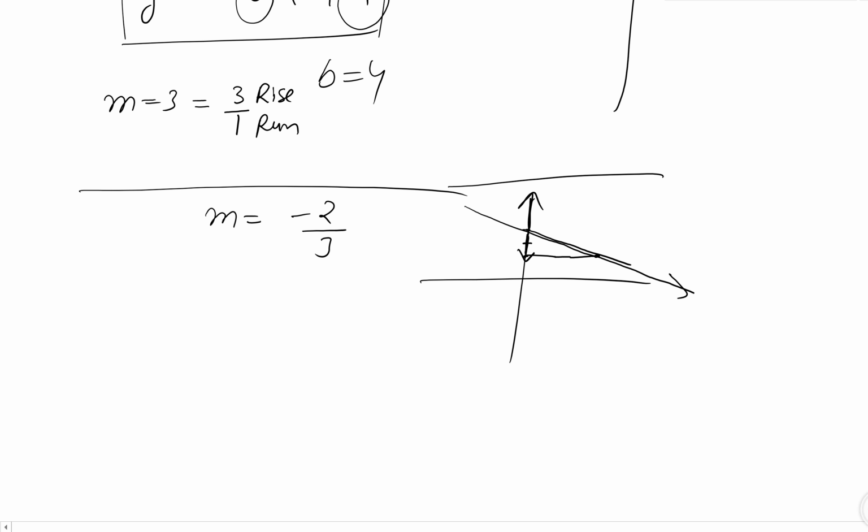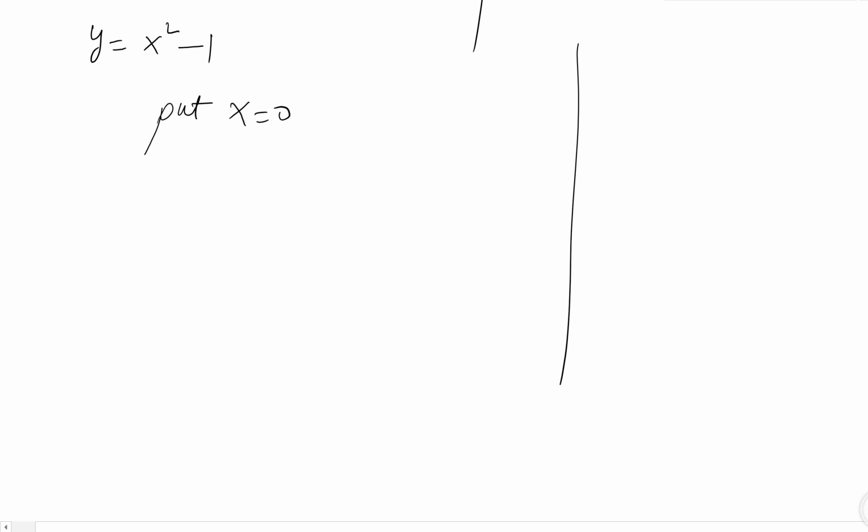Now the next thing is in the context of a parabola, for example, y equals x squared minus 1. Probably you don't know how to draw that parabola because you're in grade 9, right? So if you don't know that, just substitute x as 0. Why do we do that? By substituting x as 0, you find the y value.